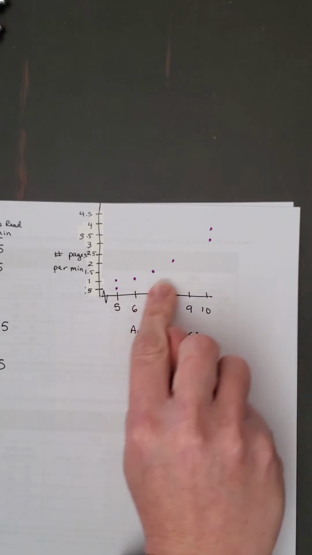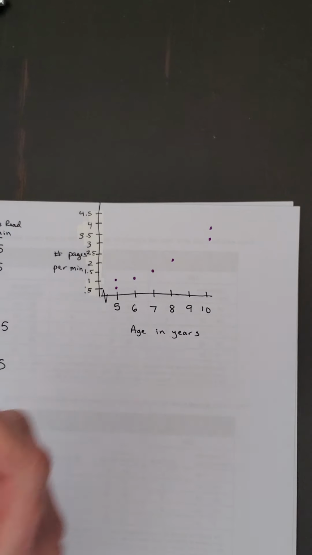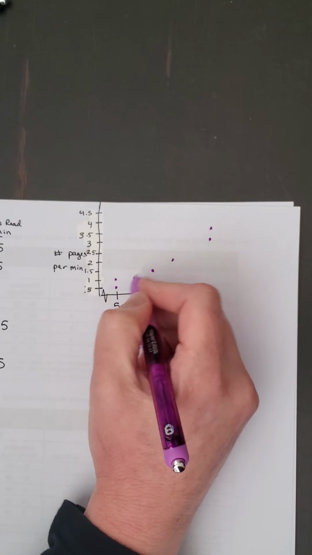All right, so this is fairly linear, right? It's roughly linear. It's not really strong, it's kind of moderate.